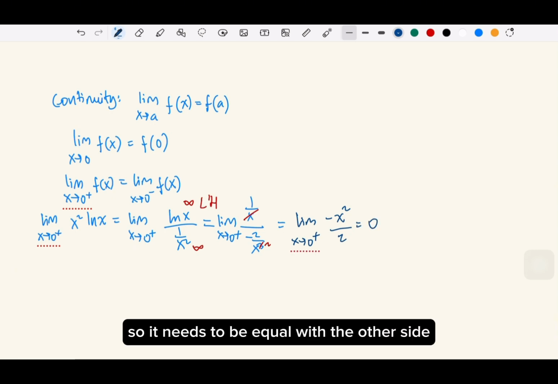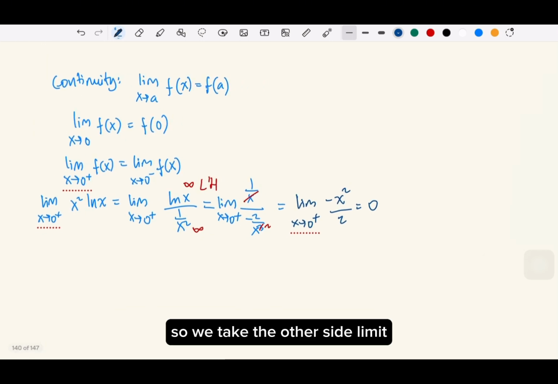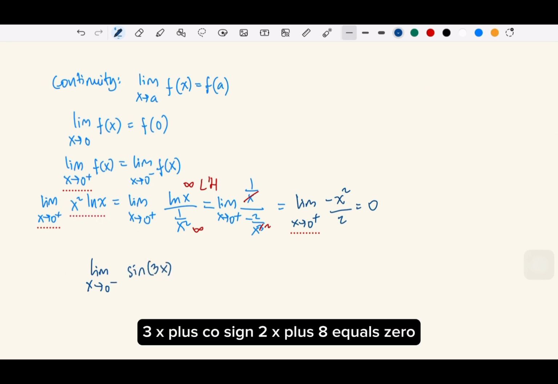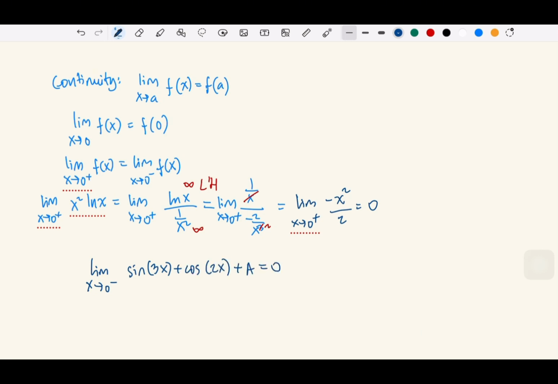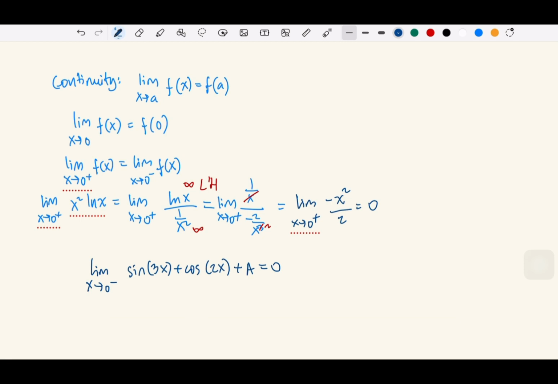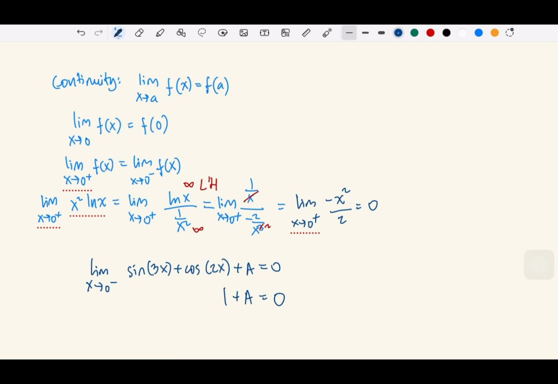So it needs to be equal to the other side. We take the other side, the limit as x approaches 0 from the left of sine 3x plus cosine 2x plus a, equals 0. Put in 0: cosine 0 is 1, plus a, equals 0. To make it equal, then a is negative 1.